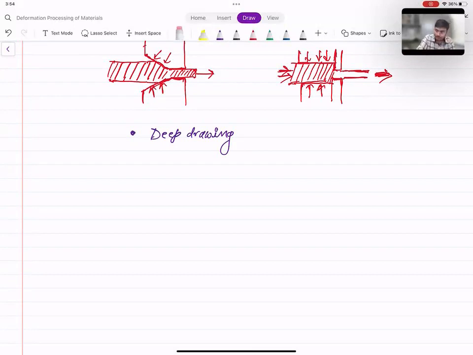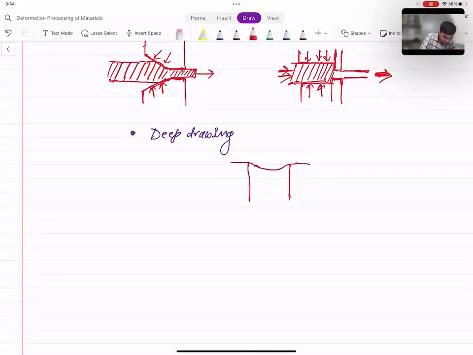So it basically appears like this: suppose this is my die. Here die and punch are used. Okay, so this is the die, and suppose this is my workpiece.